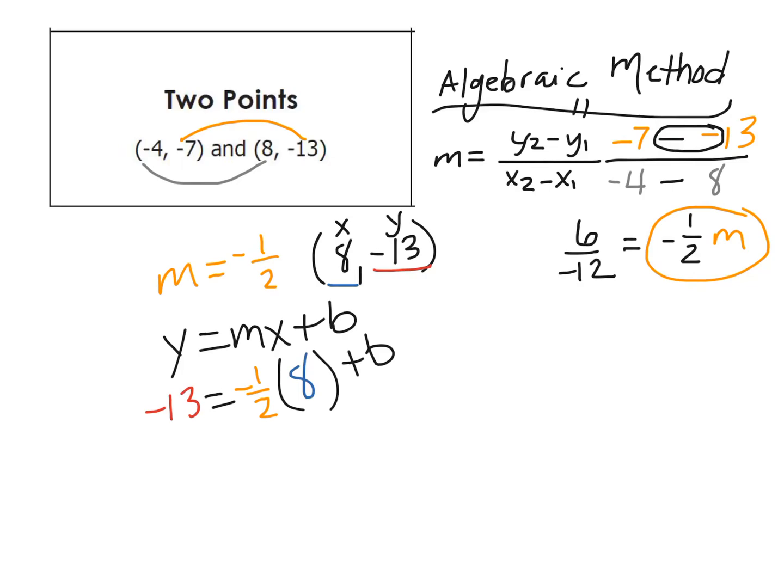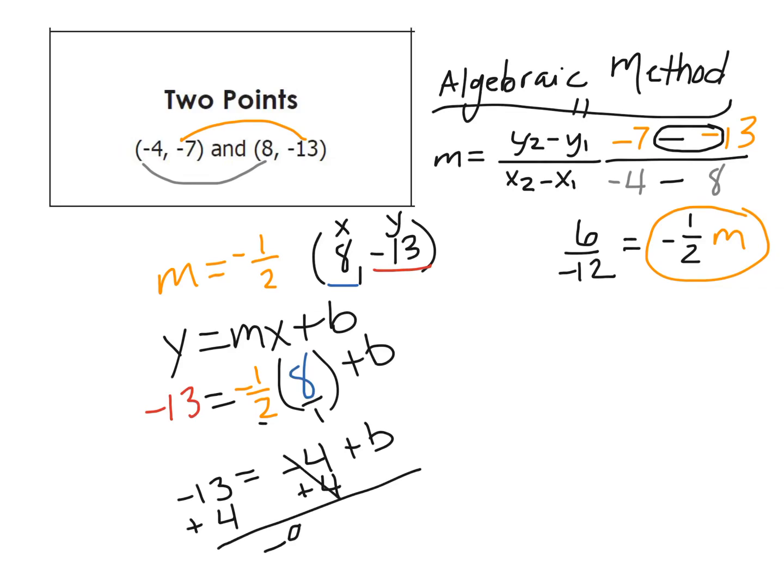And now I am going to do -1 times 8 is -8. 2 times 1 is 2. And so -8 divided by 2 is going to give me a -4. So -4 plus b equals -13. And then let's add 4 to both sides.